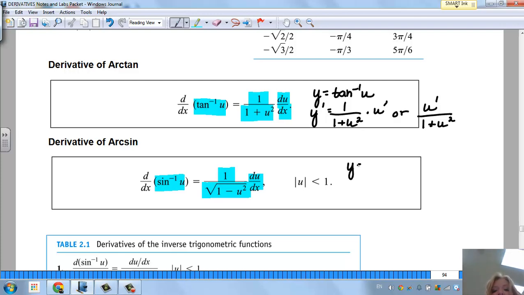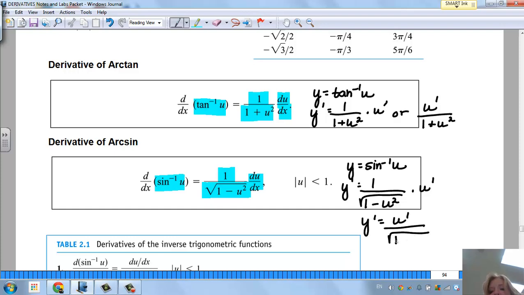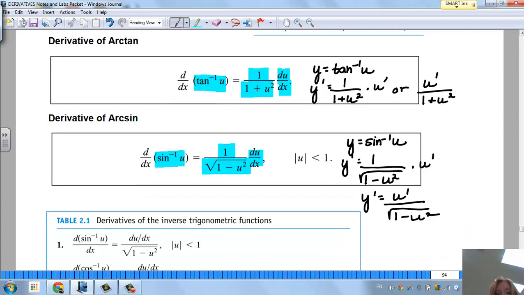So here I have y is the inverse sine of u. For your function, y prime is going to be 1 over the square root of 1 minus u squared times u prime. And again, you could see the u prime on the top, so y prime would be u prime over the square root of 1 minus u squared. So you can see it either way.